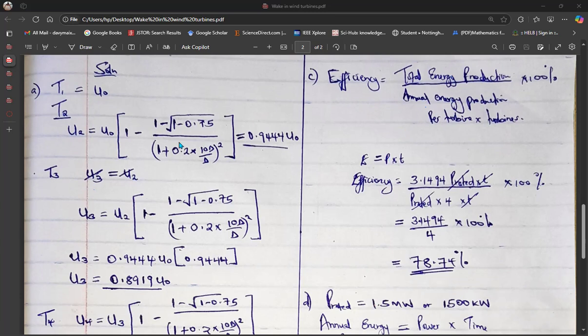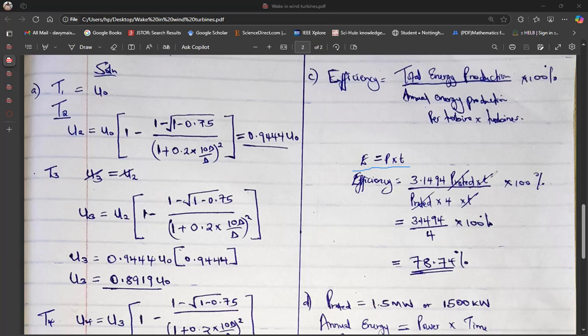And we all know that energy is calculated by power times time. So when calculating the efficiency, the total energy production will be the power, 3.1494 P rated, multiplied by T.